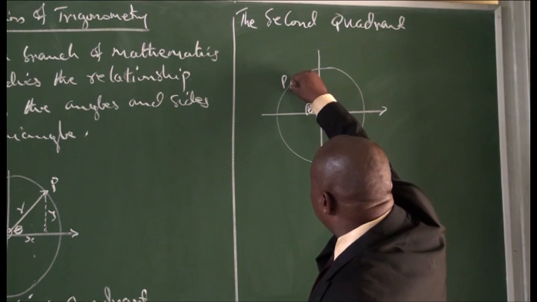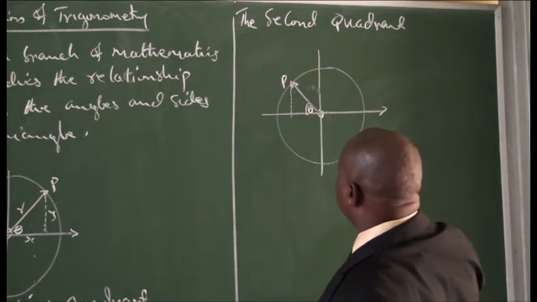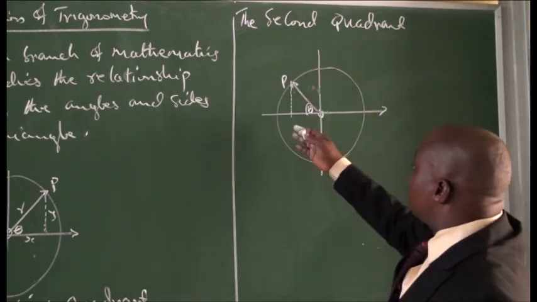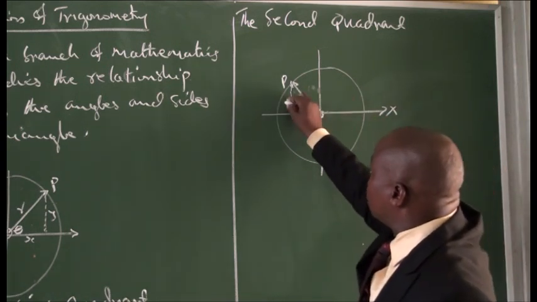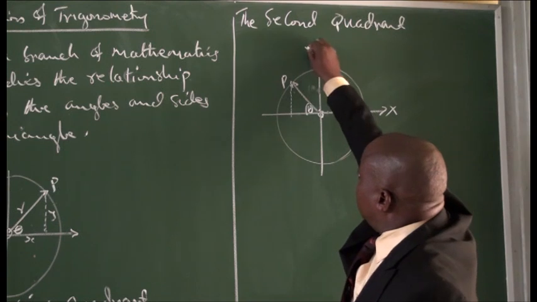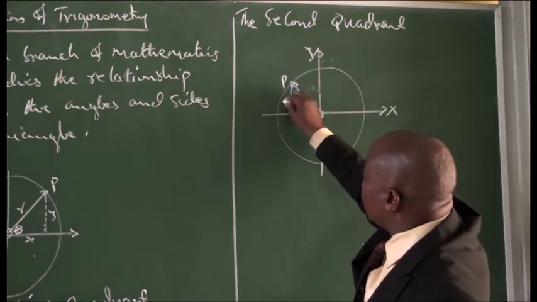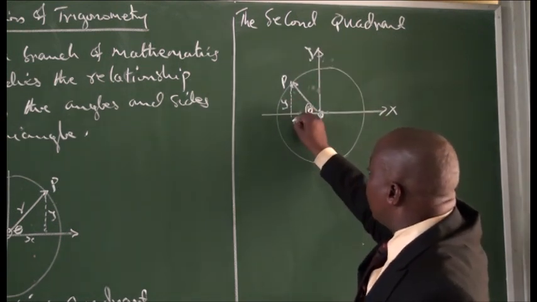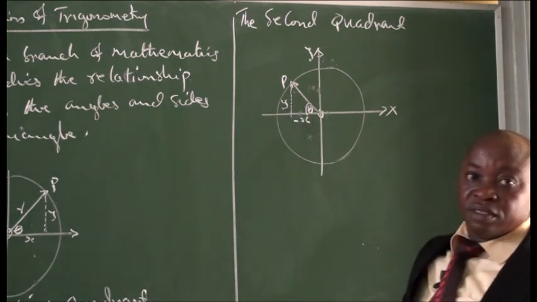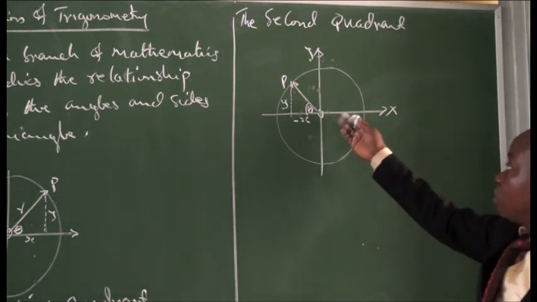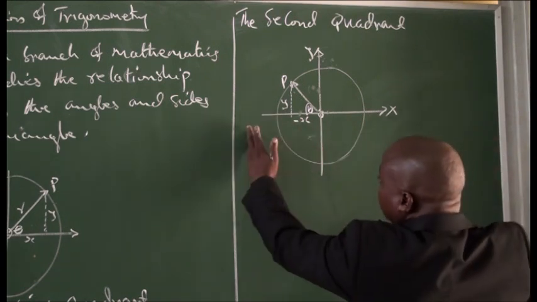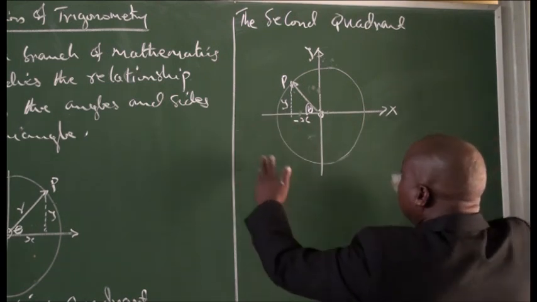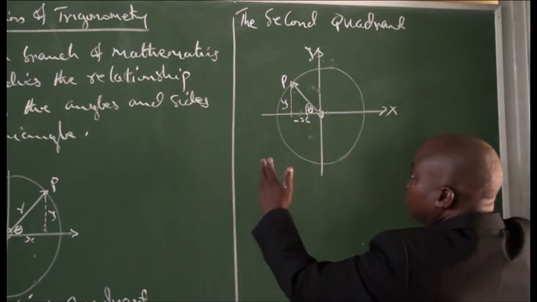I will also drop the projection. And since this is x-axis, we all know that this is also y-axis, and that here will be y. Y here is minus x, because in the Cartesian plane, the left-hand side is negative. The right-hand side is positive.